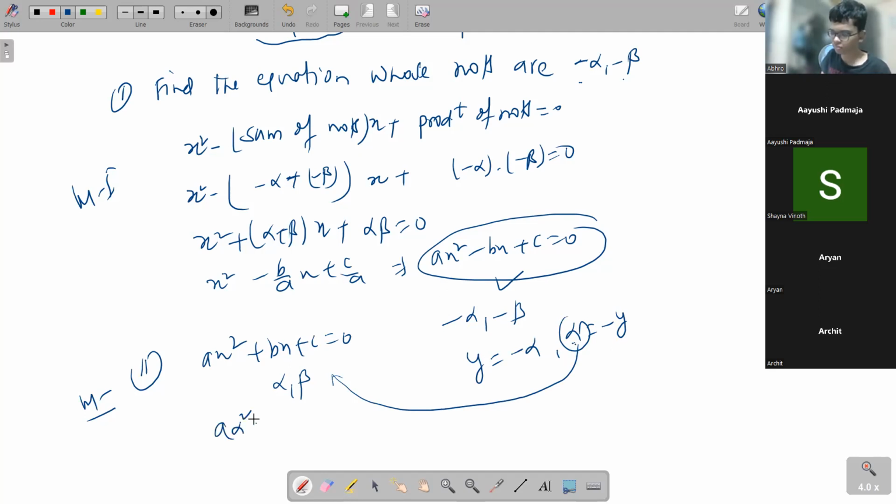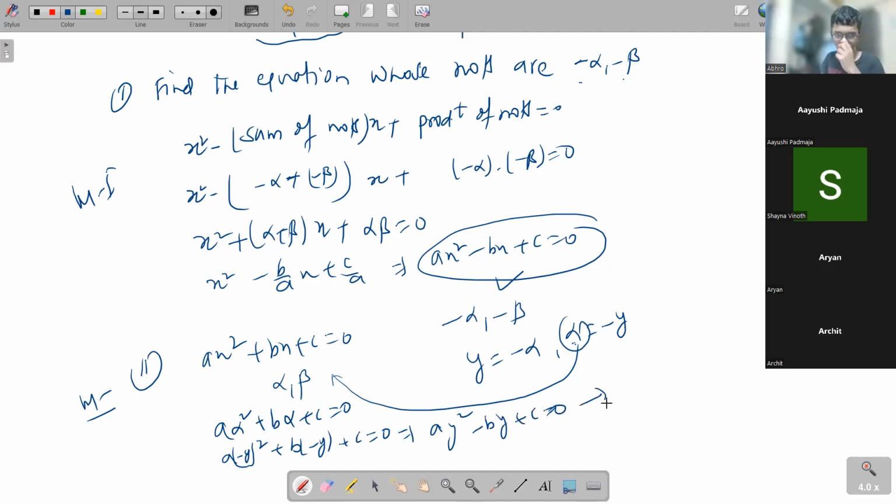So it satisfies a alpha square plus b alpha plus c equal to 0. Put alpha equal to minus y. So a into (minus y) whole square plus b into (minus y) plus c equal to 0. So ay square minus by plus c equal to 0. y is just a variable, so you can replace y by x. You can see you have got this equation, right?